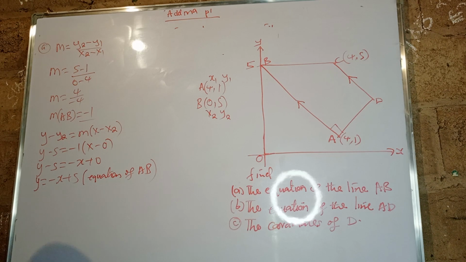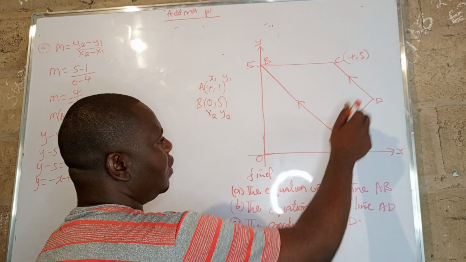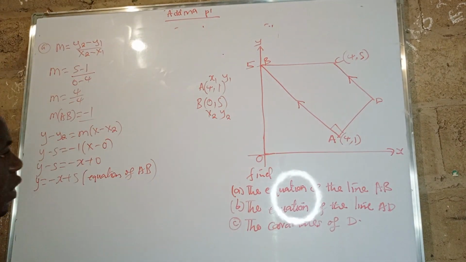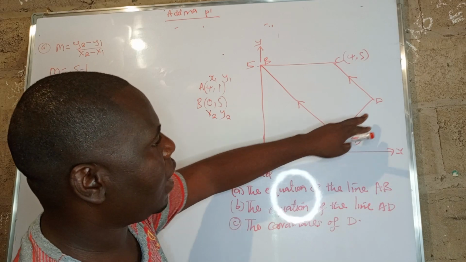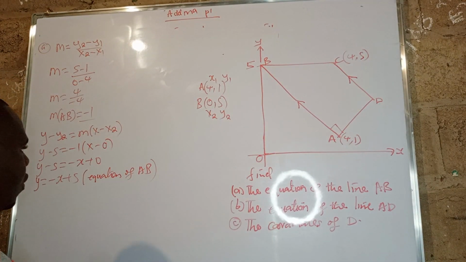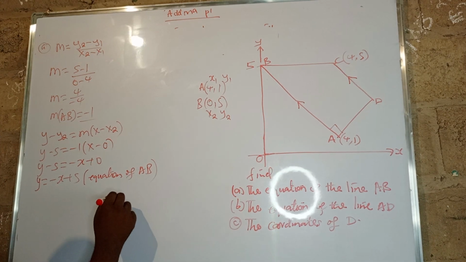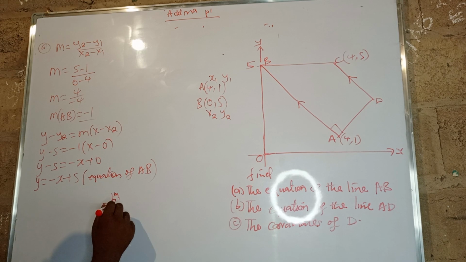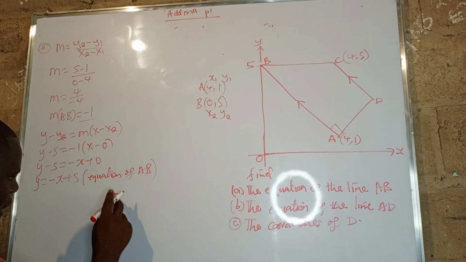Question B: the equation of the line AD. As you can see, lines AB and AD are perpendicular to each other. For perpendicular lines, we use M1 times M2.